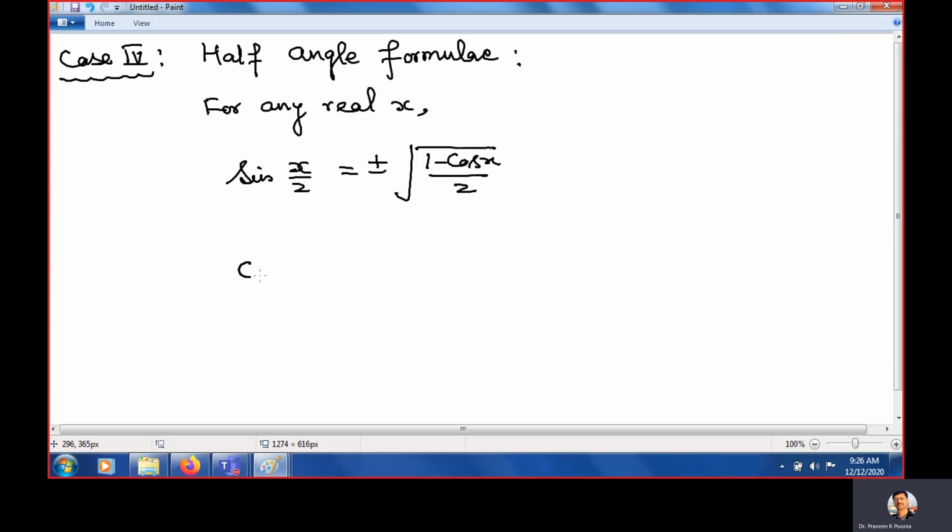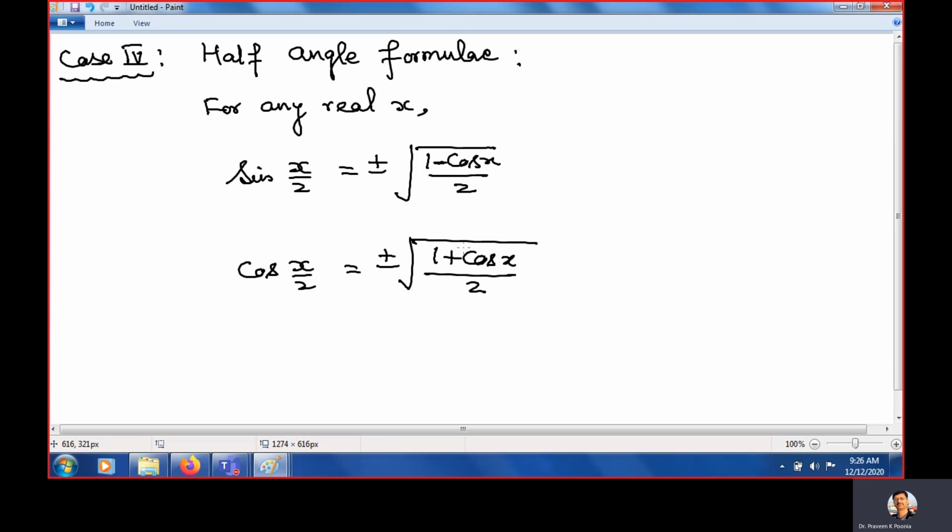This is the formula. And cos x by 2 is plus minus square root of 1 plus cos x upon 2. So S means subtraction, cos means plus. This you need to remember.